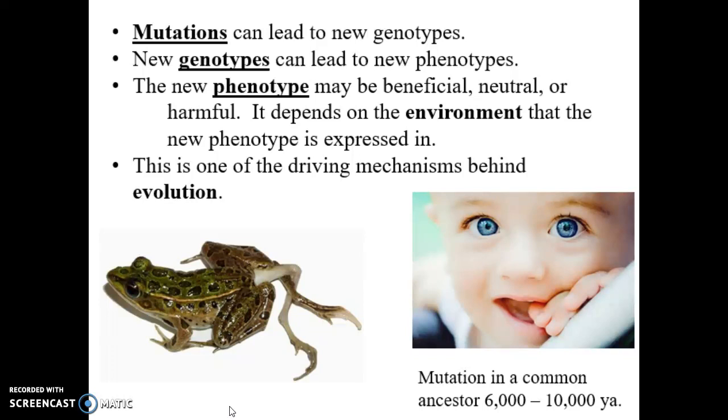They tend to weed themselves out of the population. But neutral mutations can be retained in populations as long as they're not harmful. So everybody who has blue eyes, that's a mutation that showed up in a common ancestor from a northern European environment. And that mutation did not show up until about 6,000 to 10,000 years ago.